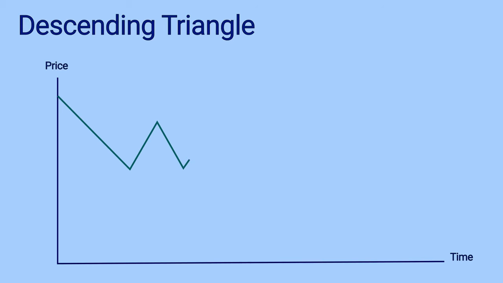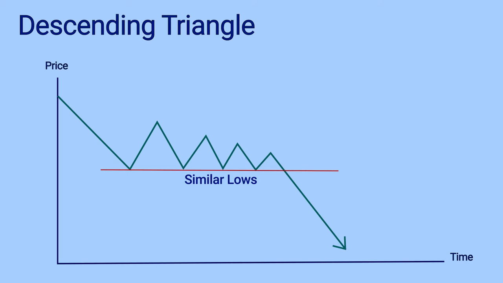Now about the descending triangle, it is much similar to the ascending triangle. The only thing is that it forms after a down move. After a down move, if during the consolidation the lows being formed are similar and the highs being formed are coming down gradually, then we understand that a descending triangle is being formed.